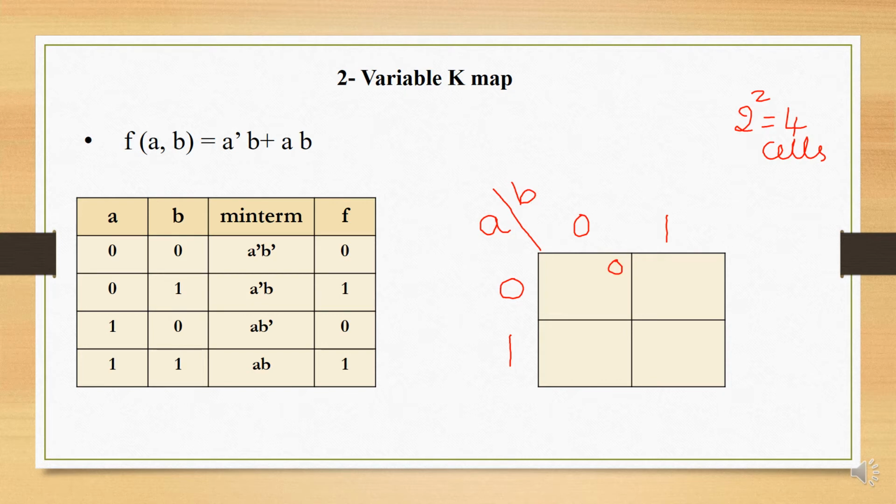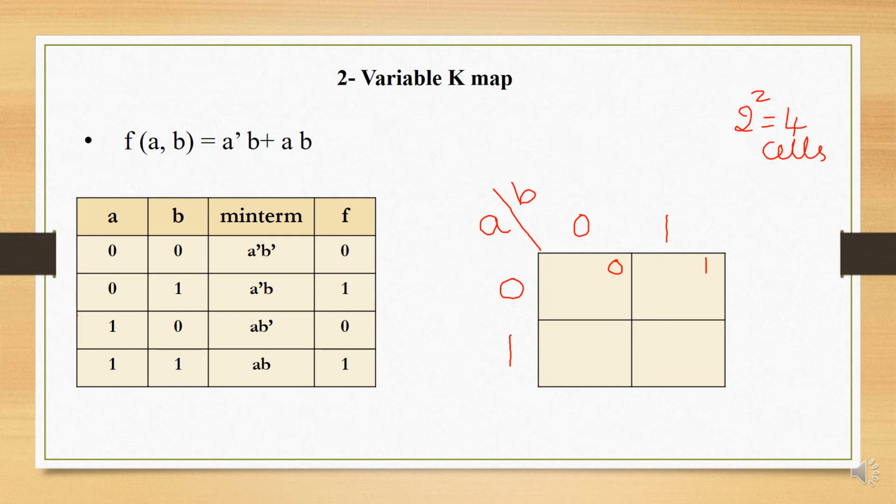Similarly, the second combination, A is 0, B is 1. We can see that row 1 and column 2, that is 0 1, gives cell number 1.